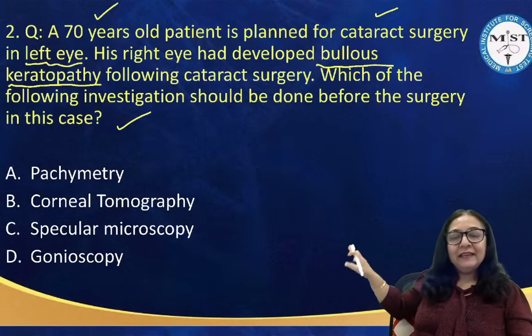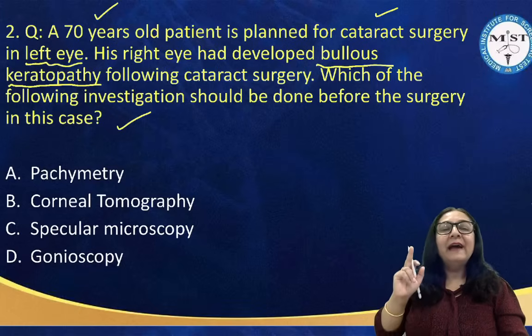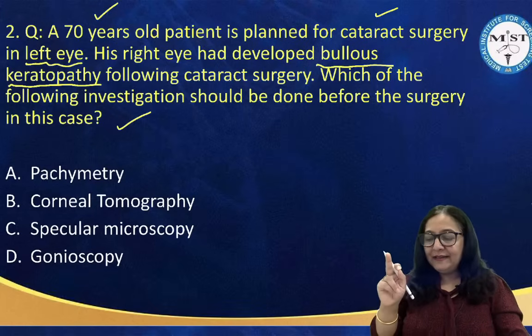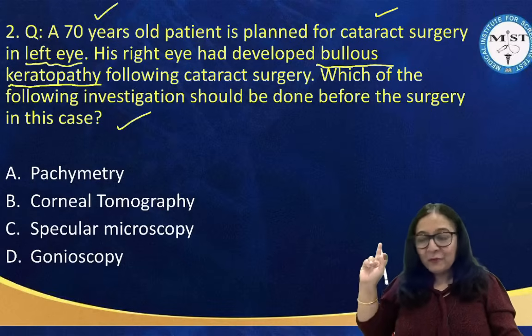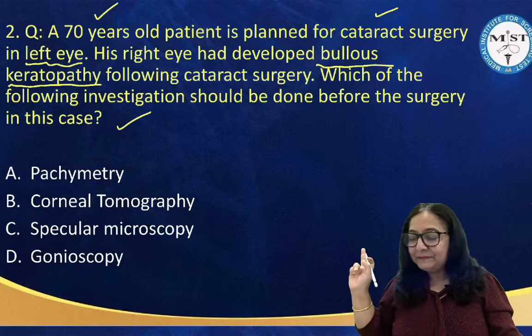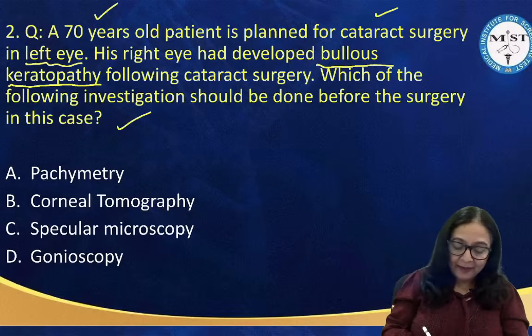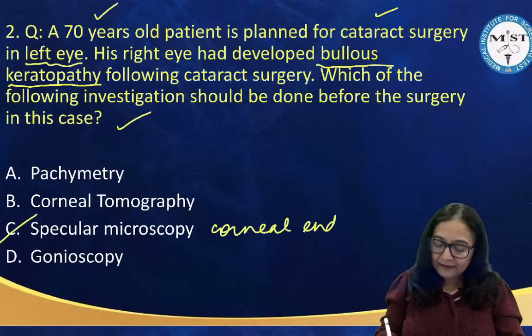Which of the investigations in these choices will help you to know about the health of the corneal endothelium, the number of corneal endothelial cells, or corneal morphology? So which is the investigation? Once again, it is specular microscopy. It is specular microscopy which tells us about corneal endothelial status.